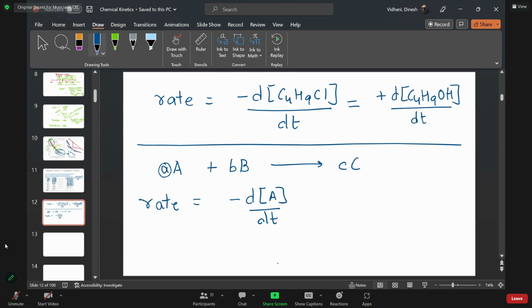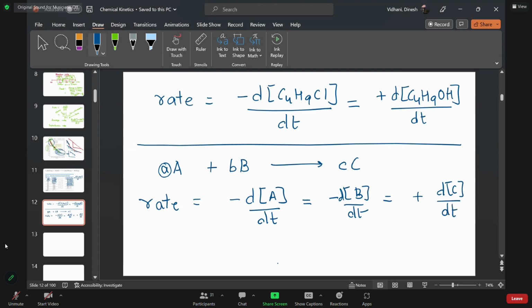That means how much A is being used in a given time. That should also be equal to how much B is being used over the time. And that should also be equal to how much C is being produced over the time.